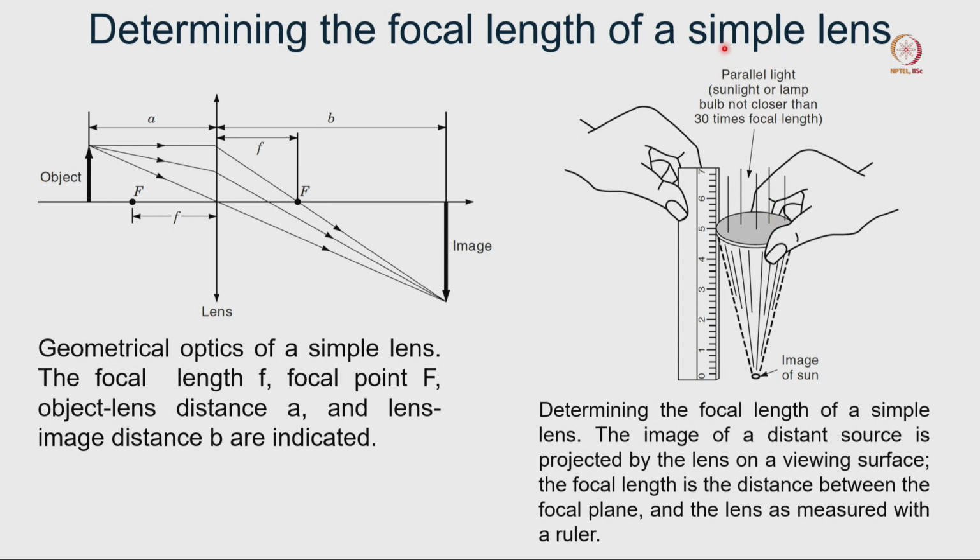So the sun rays are coming parallel, and using this lens we try to converge all the light to one particular point. If we keep it for a long time, it generates lots of heat and the paper or dry leaf starts burning. When it forms a small spot, that is basically the focal point of that lens, and this is the focal length of that lens.